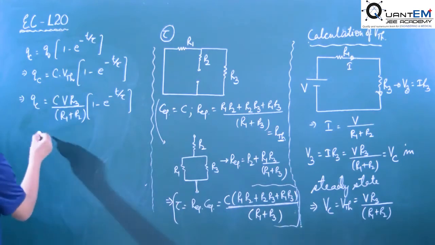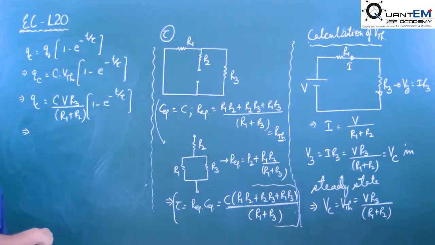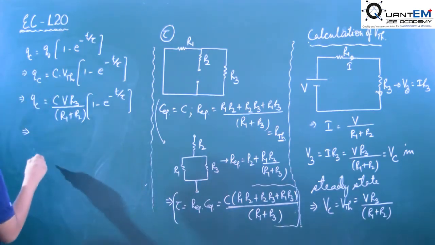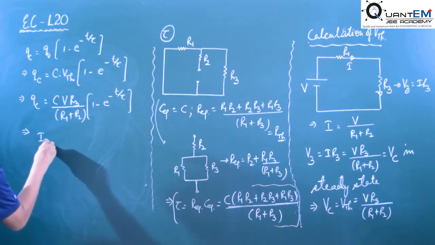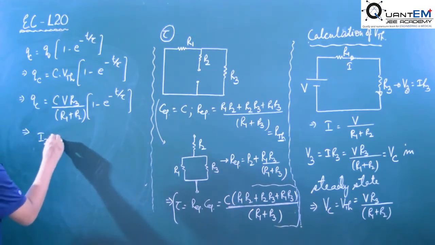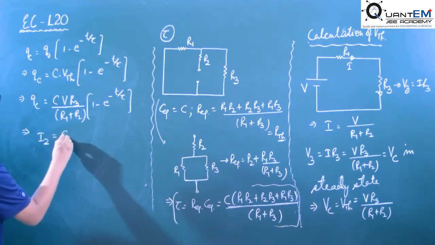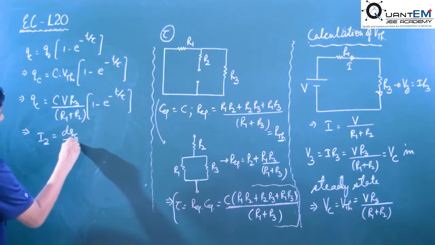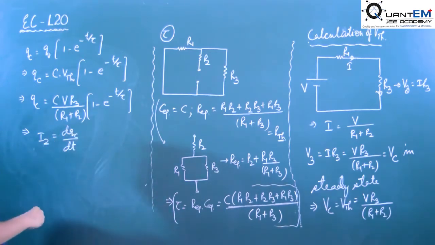Now what will be the value of current across the capacitor arm? Because the capacitor is in the charging process, I2 is equal to dqc by dt.